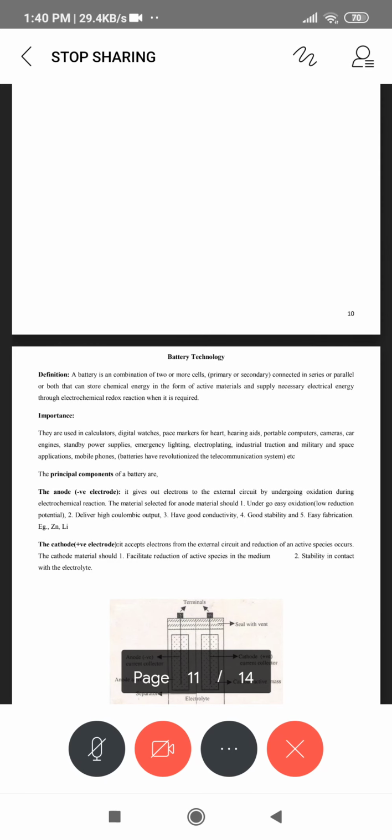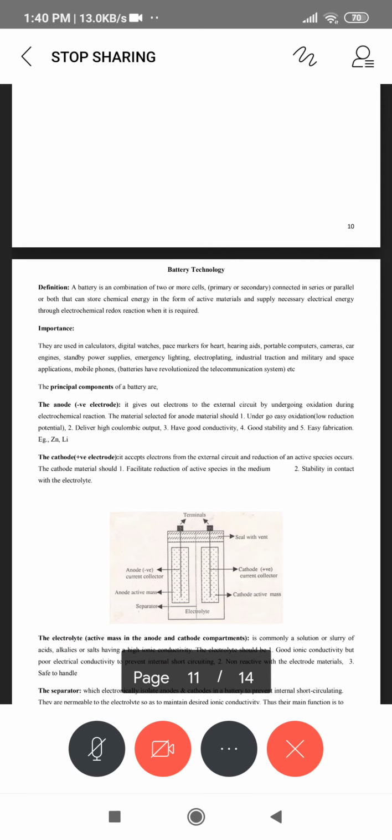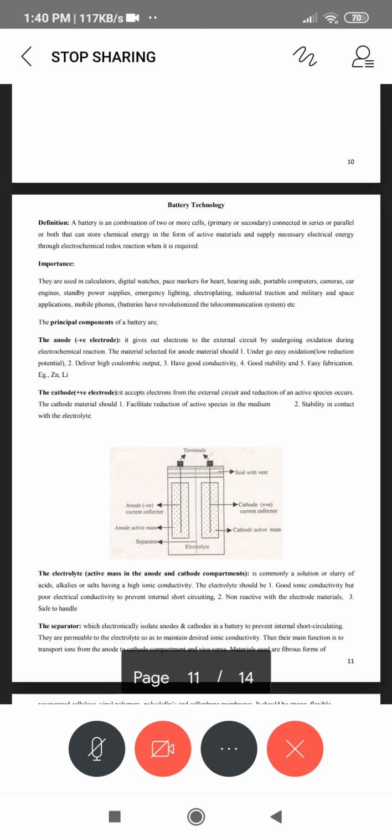For example, a Daniel cell will produce 1.1 volts. For 2 volts we require 2 cells, which will generate 2.2 volts. In the same way, for 3 volts, 3 cells are joined.